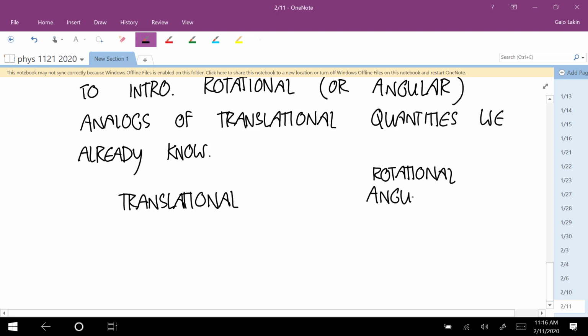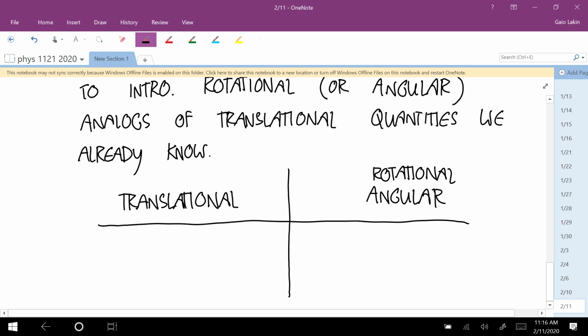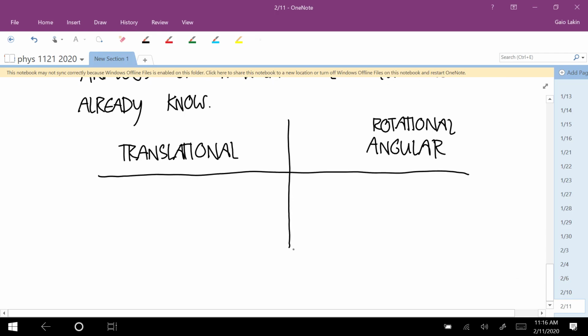Those are synonymous. So the first pair of analogous quantities are the position, and that has units of length.